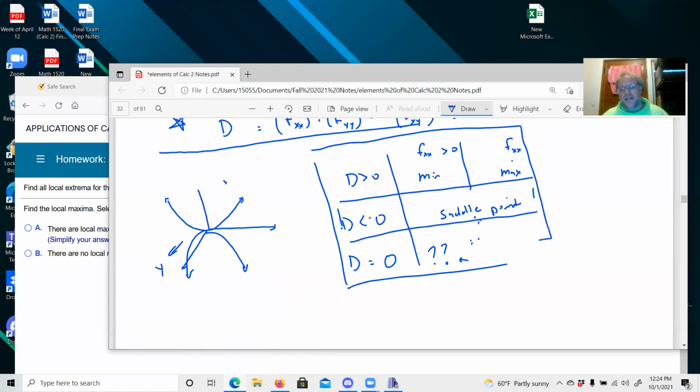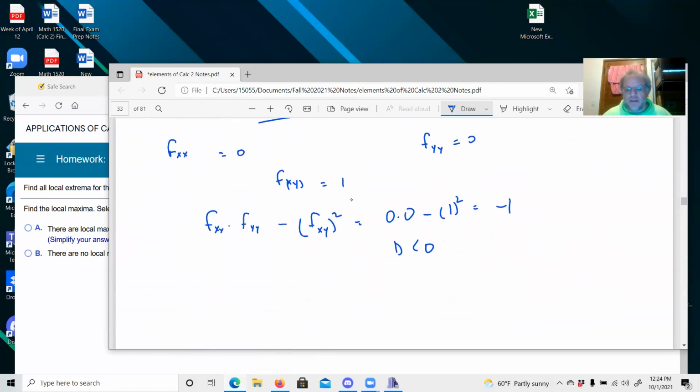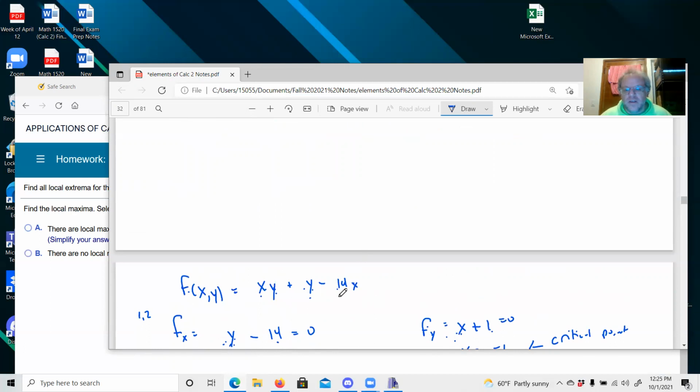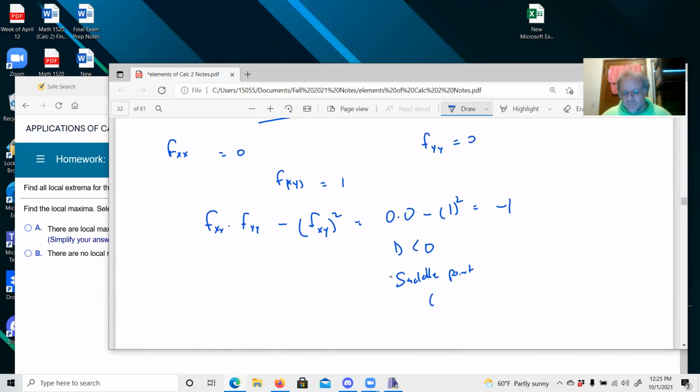We have our determinant is less than 0. That means this is a saddle point. I can't draw this for us. So my point, negative 1, 14. That's the x value, 14 is the y value. This would be a saddle point.